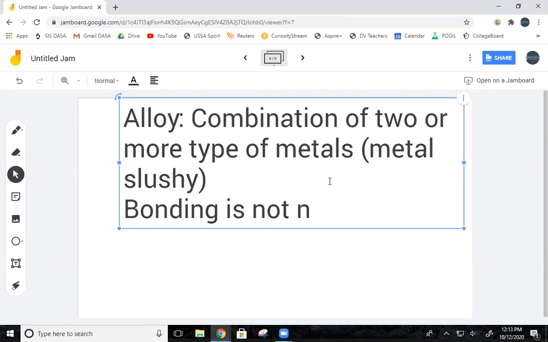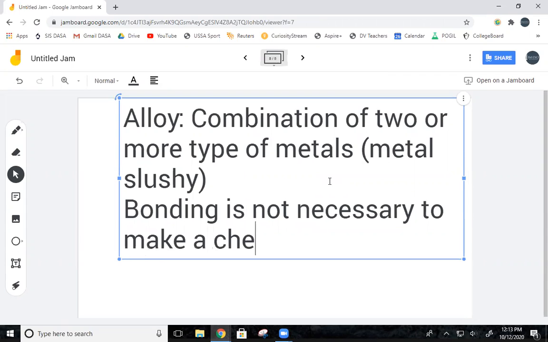Okay. So bonding is not necessary. Necessary? That's not how you spell it. Is it? Huh, I guess so. To make a cohesive piece, yeah, it's kind of like a metal slushy.